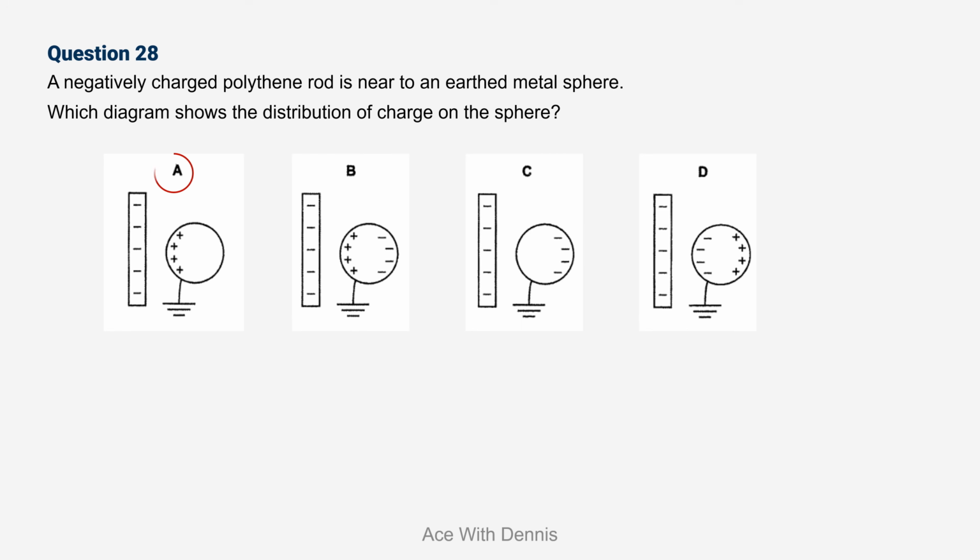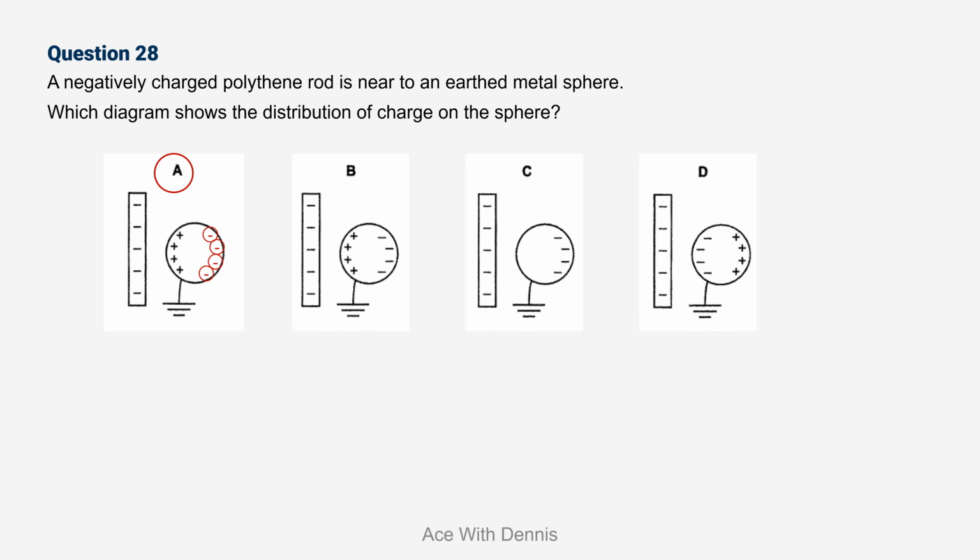The answer is A. We know that like charges repel. So when the negatively charged polyethylene rod is near to the metal sphere, the negative charges of the metal sphere, which are near to the rod, will be repelled to the other end of the sphere.